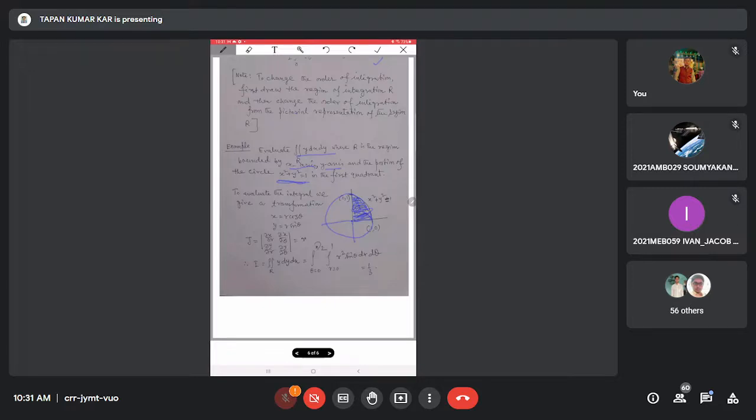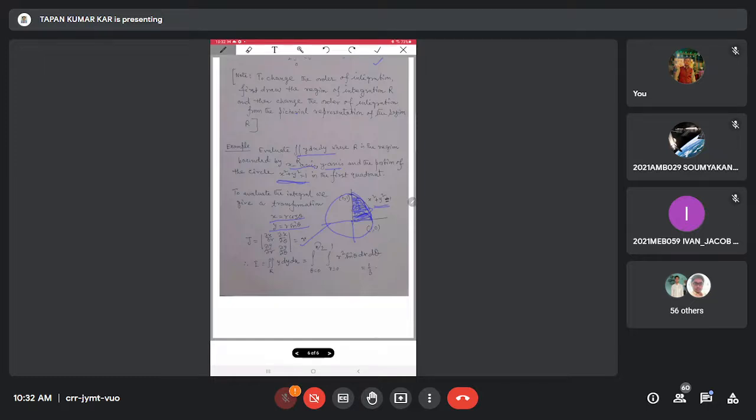So here x square plus y square equals 1, any point on this circle. Since this region of integration is bounded by a circle, usually when it is a circle, we give the transformation x equal to r cos theta, y equal to r sin theta. In that case, the Jacobian, for which I have already given one example, is r.